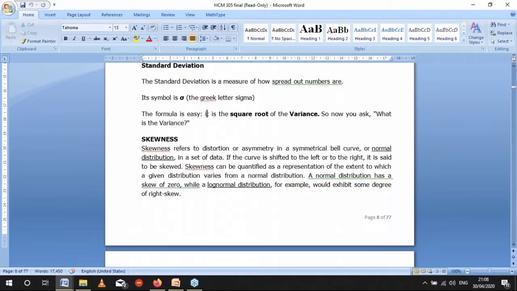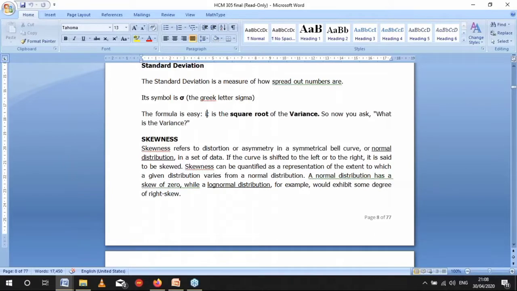Now, what do we mean by the t-test? T-test is a statistical test that is used in comparison of parametric data.